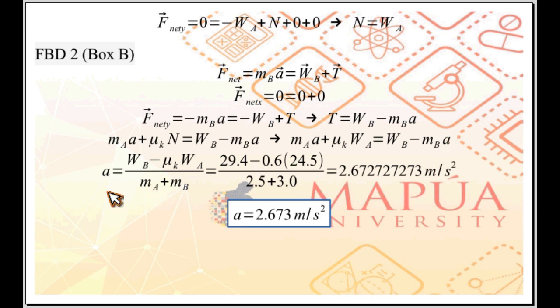So isolating A and plugging in the values, we get the acceleration of the system to be equal to 2.673 meters per second squared.